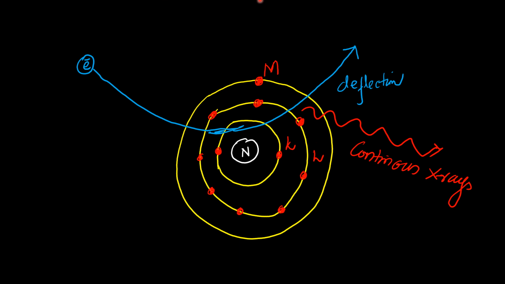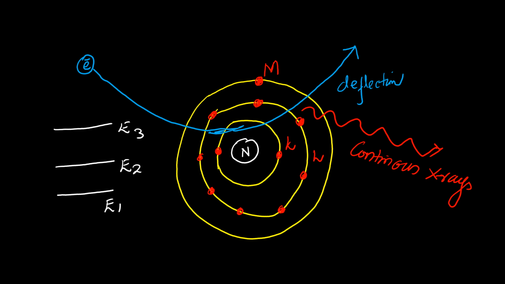So dear student, please keep in mind that in inner shell transition, an electron goes from a higher energy to a lower energy. Suppose we have these energy levels: this is the ground energy level E1, this is a slightly higher energy level E2, and this is a further higher energy level E3.